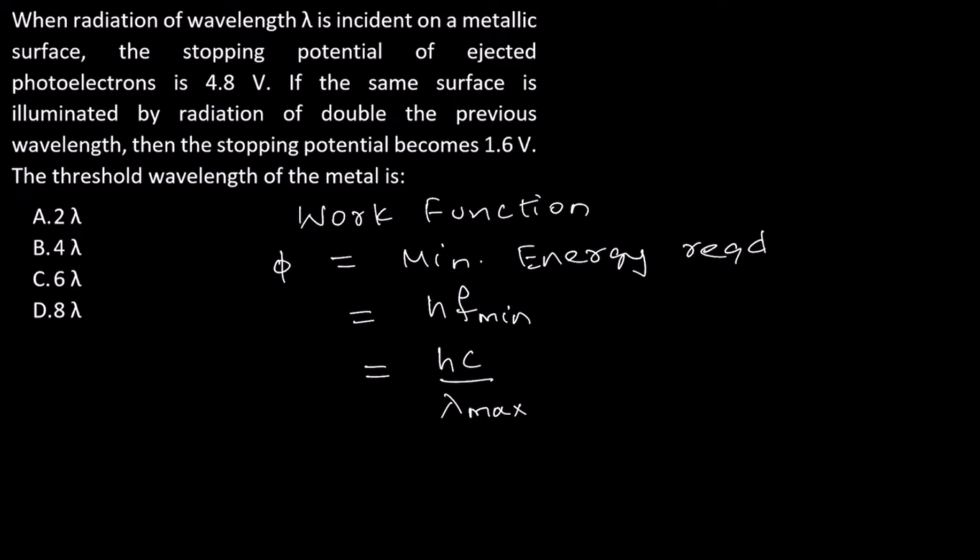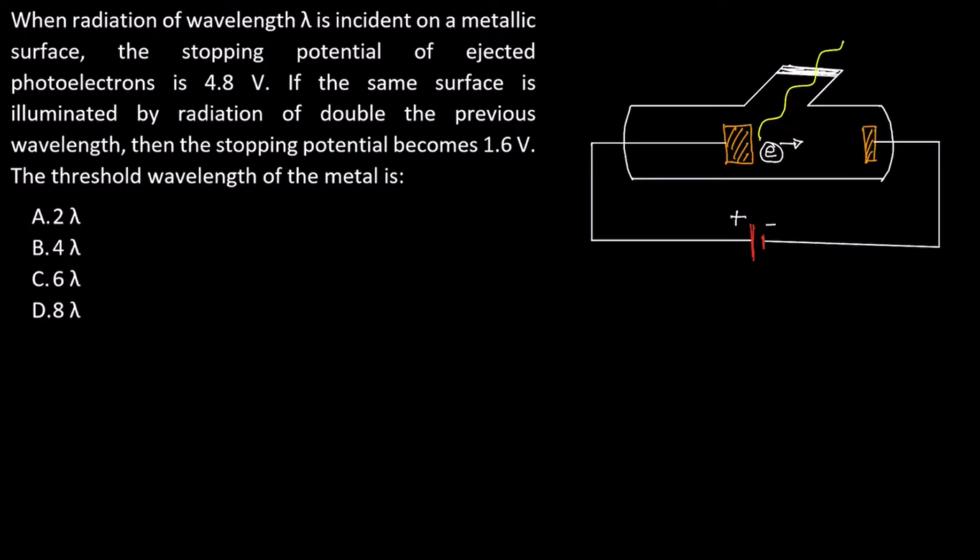Now let us take a look at the photoelectric effect experiment setup. So we have here a metal. The light hits that metal and the energy of the photon is picked up by these electrons.